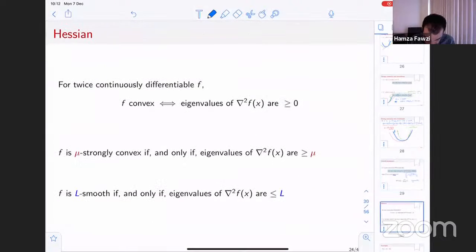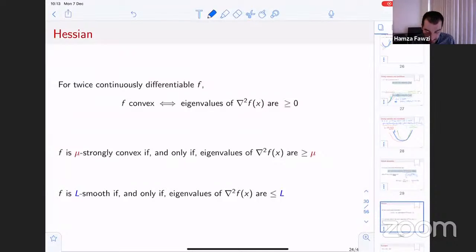Now Hessians are very important to think about when talking about convex functions, because a function f is convex if and only if the eigenvalues of the Hessian are non-negative. Remember that the Hessian is a symmetric matrix, so all its eigenvalues are real.